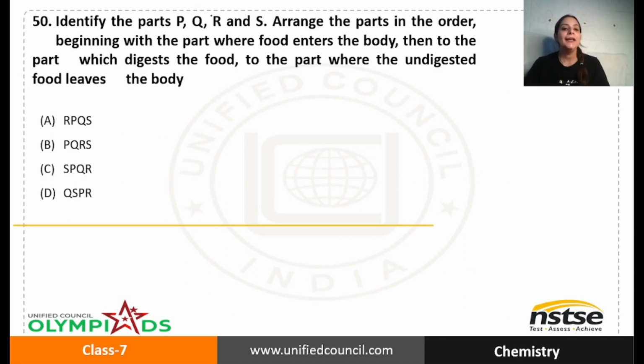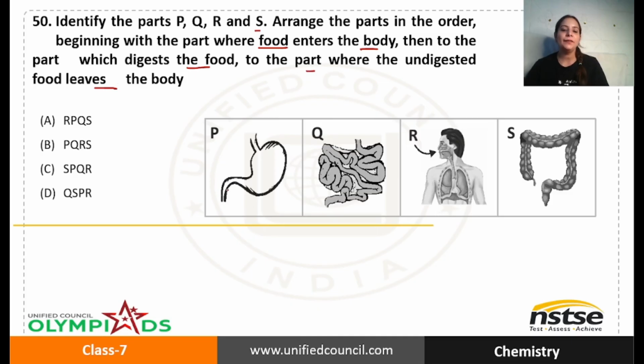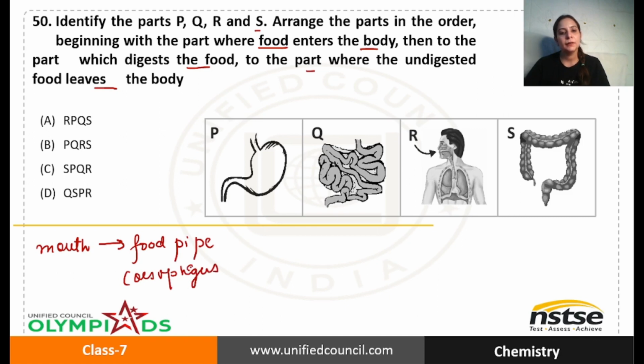Next question. Identify the parts P, Q, R and S. Arrange the parts in the order, beginning with the part where food enters the body, then the part which digests the food, to the part where the undigested food leaves the body. So here we have the figure. Before we move ahead, let me tell you the passage of food: you eat food through the mouth, then it goes through the food pipe, or esophagus, to the stomach.